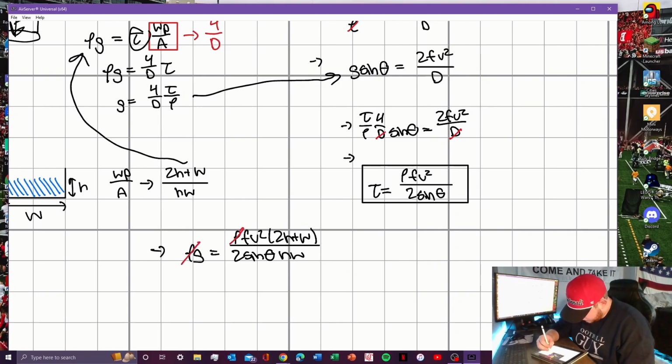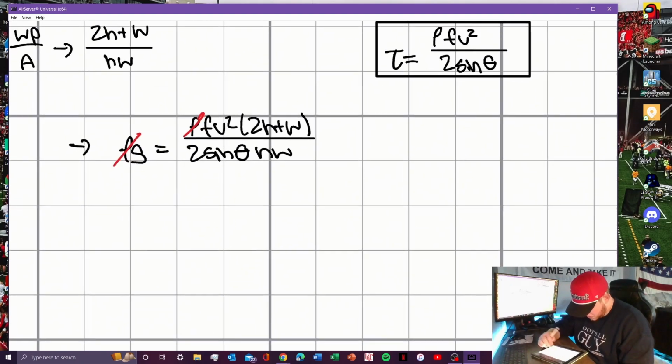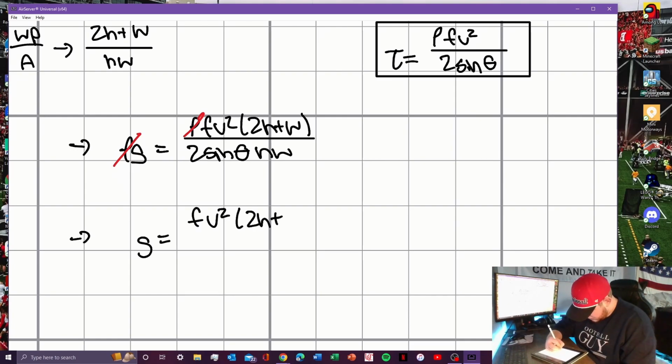So then we are left with g is equal to f times v squared over 2 sine theta, times 2h plus w over hw.